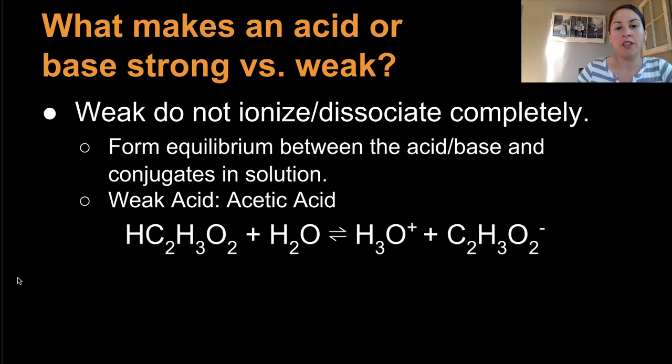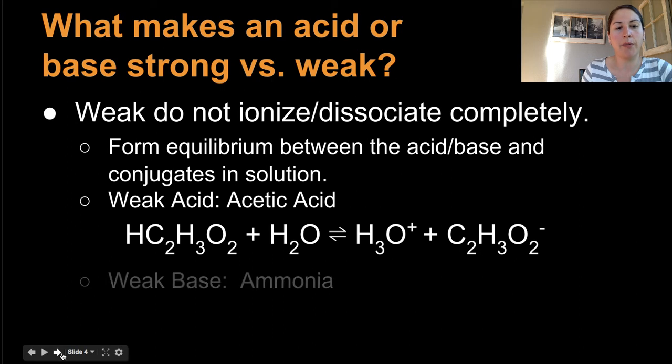And so when this goes in, it's going to form an equilibrium, and that's where we're getting that double-sided arrow down here to show that we actually move back and forth between these. So we're going to form the ions, and then they're going to go back and form the acid form as well, or the acetic acid. And so they'll go back and forth between them. And because they don't dissociate completely, that makes them into a weak acid.